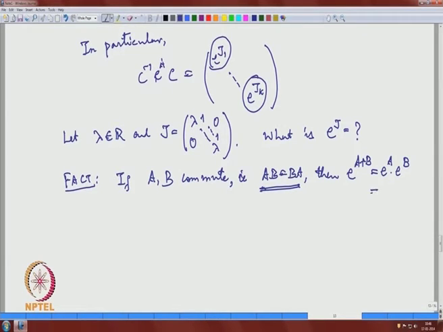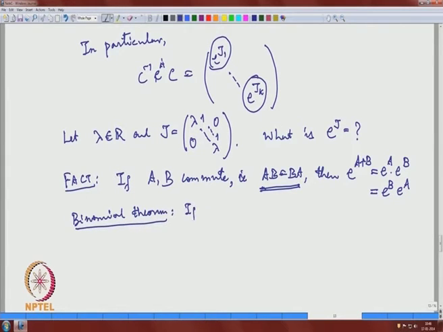Since addition is commutative, we also have this. And this easily follows from the binomial theorem, just like for real numbers.